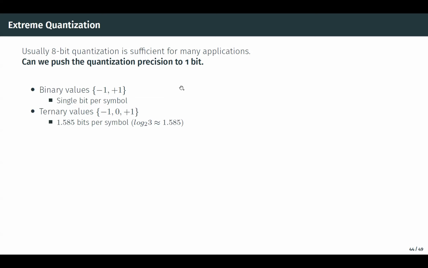In binary, we are using a single bit to represent a value. This can be either positive one or negative one. But because 0 is very important and can actually help us improve the network, they introduced 0 so that we can represent this using 1.5 bits, but in hardware it's actually 2 bits.